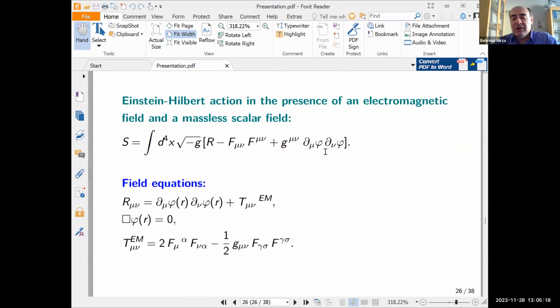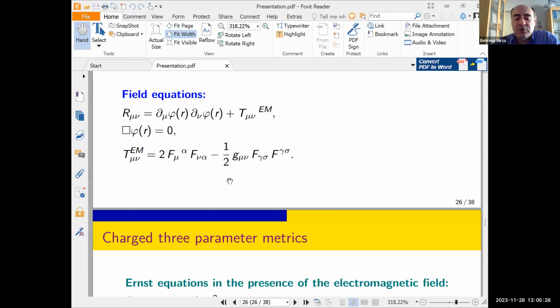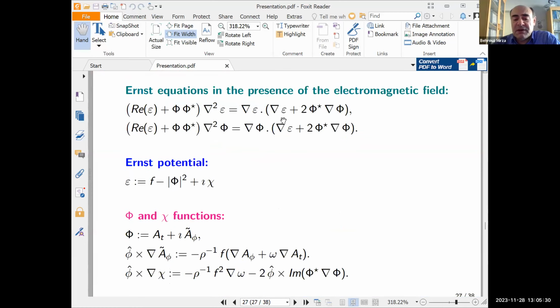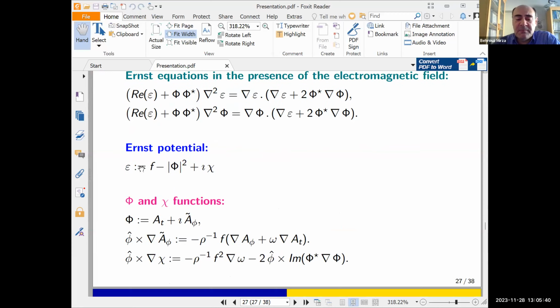Recently, we have found the charged form of these metrics, which is not too hard to find. Of course, this is the charged form of the non-rotating metrics. We used, again, the Ernst equations and the Harrison transformation. By using the Harrison transformation, we can find the charged form of these metrics.